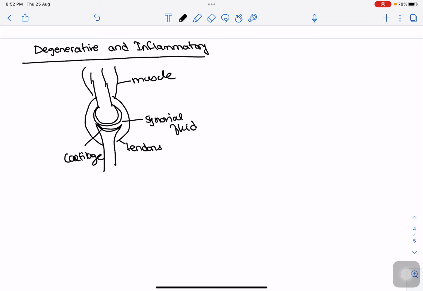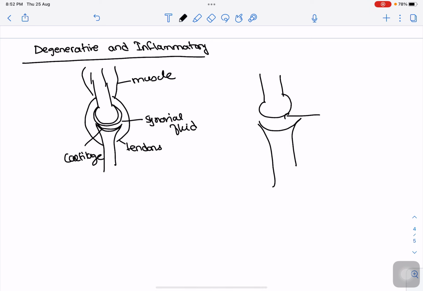So what is the difference between a degenerative and an inflammatory joint? Let's have a conceptual picture of what exactly we need to know about this anatomy. If you see a bone of a degenerative joint, you will figure out that there are cartilage particles.